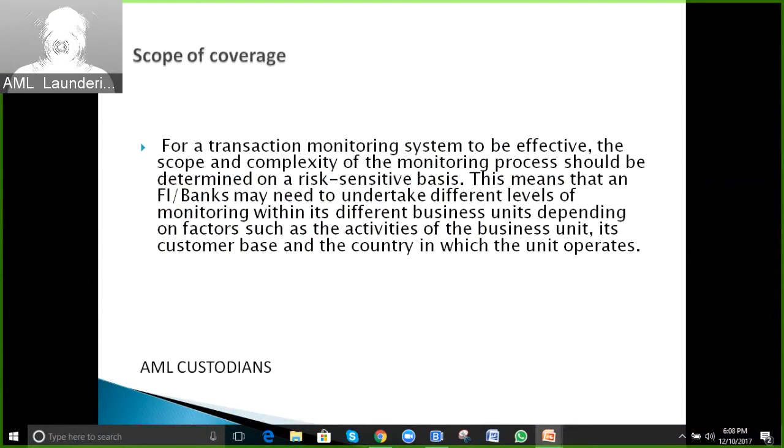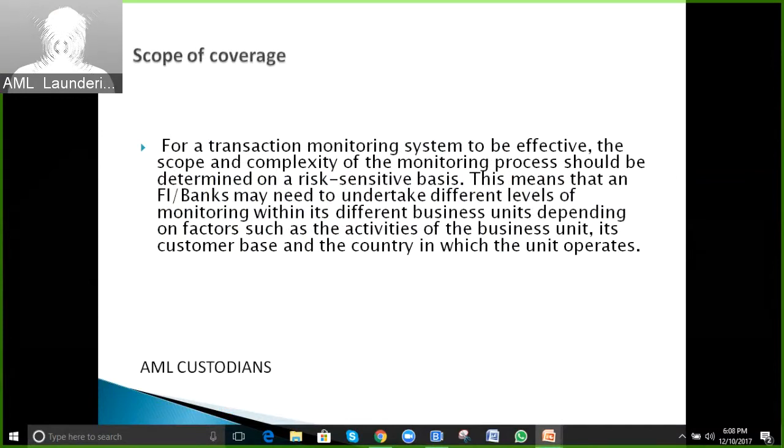So this means that a financial institution may need to undertake different levels of monitoring within its different business units, depending on factors such as the activities of the business unit, its customer base, and the country in which the unit operates. For example, a big bank such as Citibank has many different units, and those business units may operate in different countries.